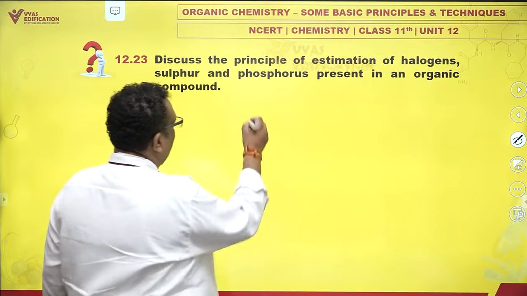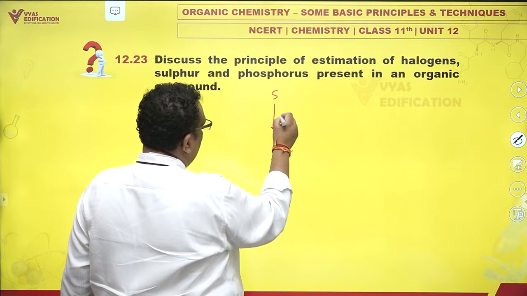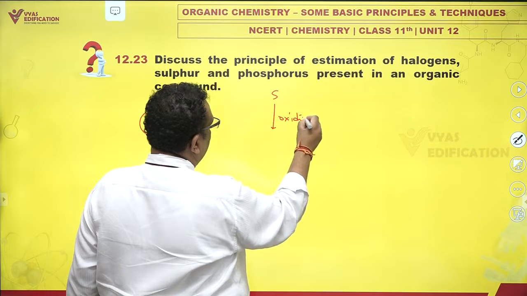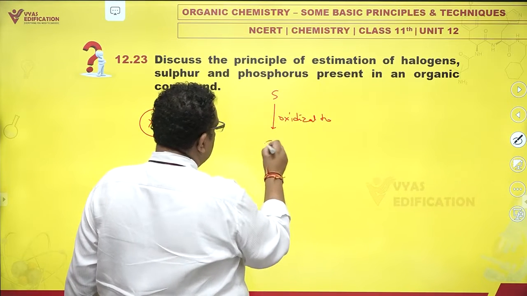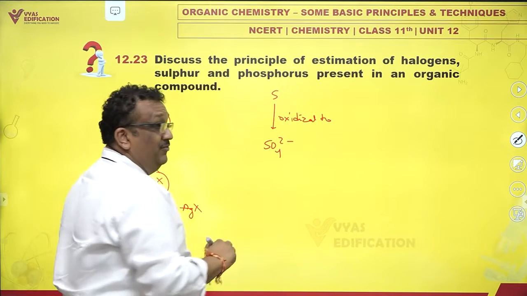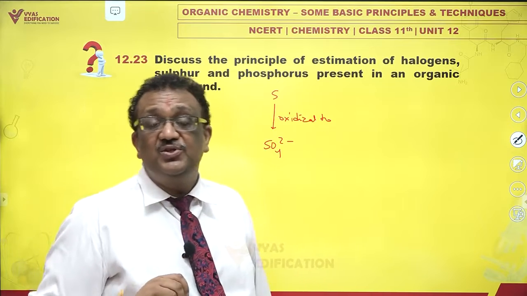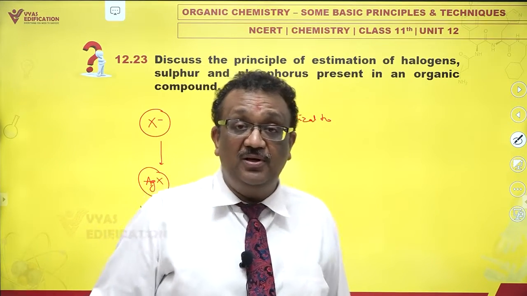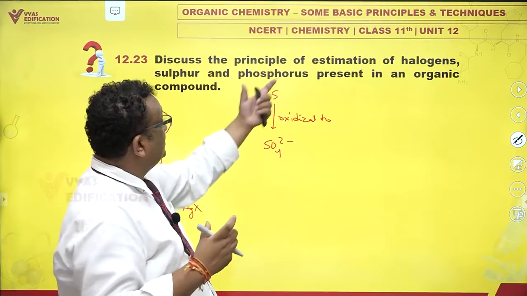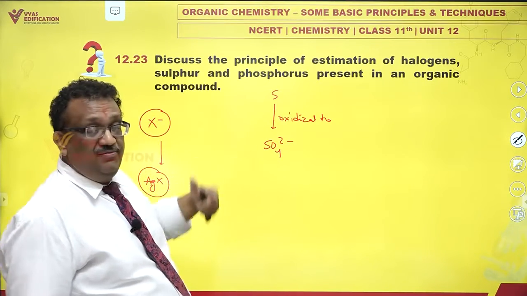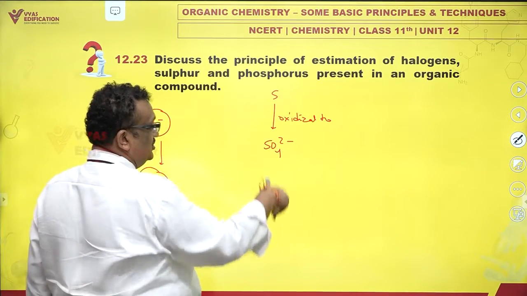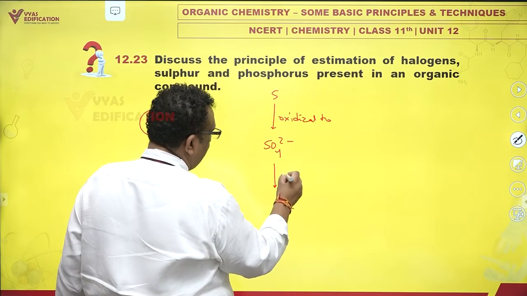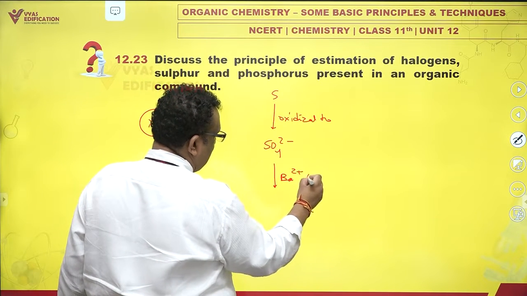Sulfur is oxidized to sulfate. Please note, we are not trying to identify the presence of sulfur. That is done in the Lassaigne's test, etc. That is a qualitative method. This is quantitative. What is the percentage of sulfur? So sulfur is oxidized to sulfate, and then you add barium ions.